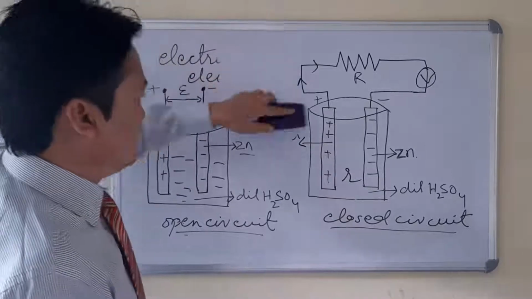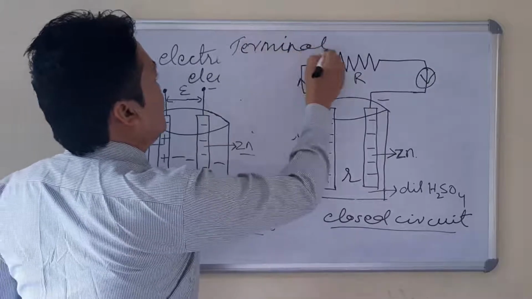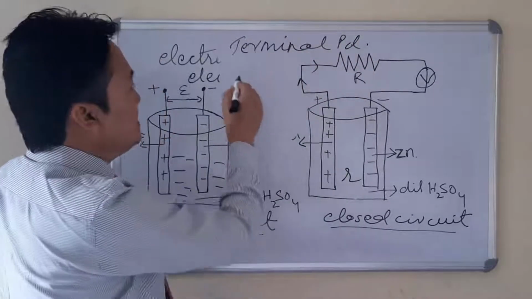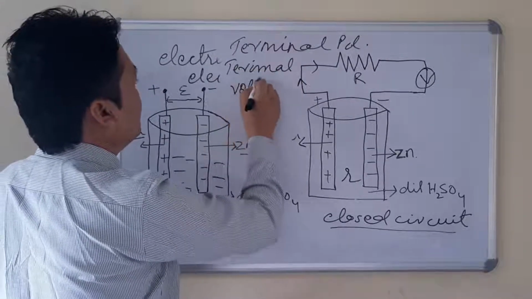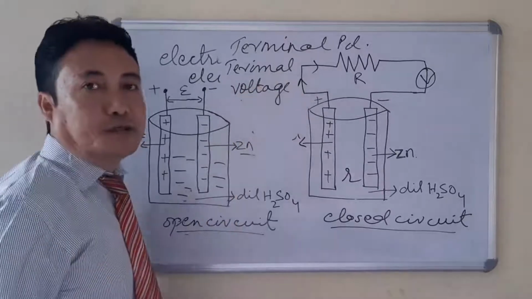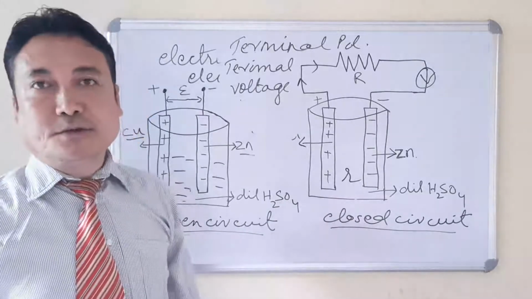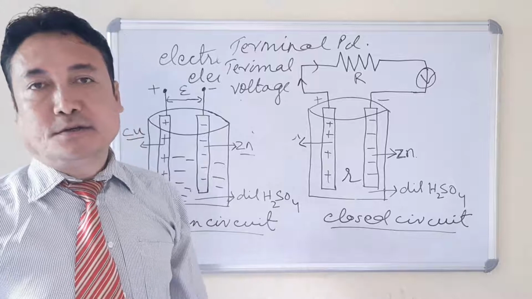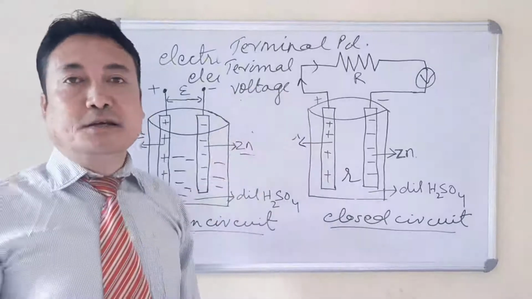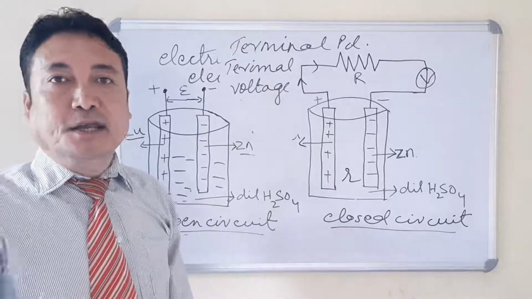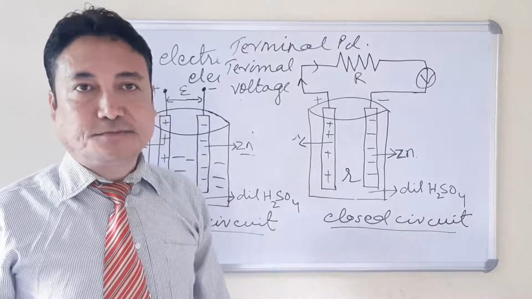This terminal voltage is the potential difference between the two electrodes in a closed circuit. When the current flows, the potential difference that exists between the two electrodes in a closed circuit is called the terminal voltage, or the terminal potential difference.